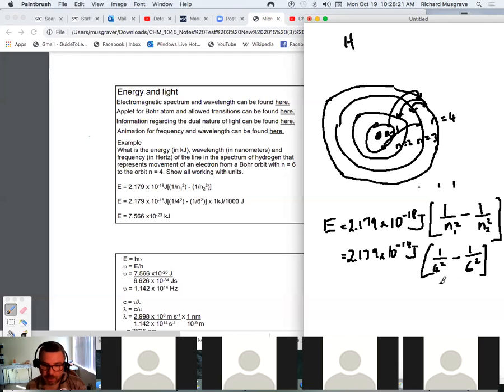So it's all plug and chug here. I need it in kilojoules because that's what the question's asking for. So I do a conversion here from joules to kilojoules. So 1 kilojoule over 1,000 joules. And that gives us the energy here, which is a fairly small value, 7.566 times 10 to the negative 23 kilojoules.